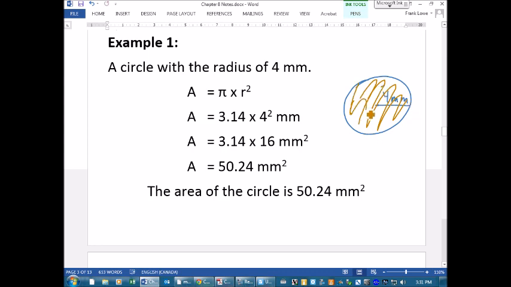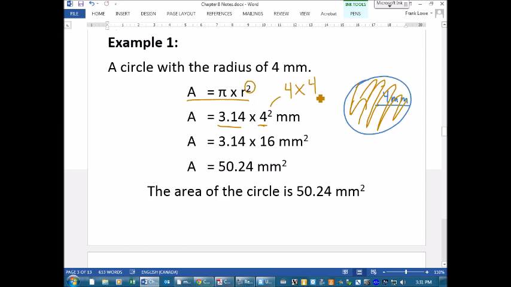First thing you always do is put down your formula. Then you start plugging in numbers. We have 3.14 for pi, and our radius is 4 millimeters. So there's our 4. But remember, it's radius squared, so this is 4 squared. What does 4 squared mean again? 4 times 4.